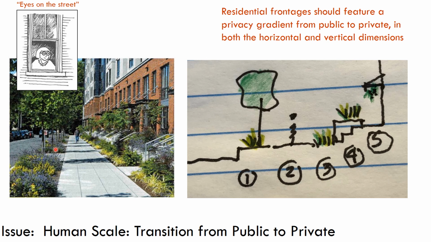And in this image, we have 5 layers here that help make the transition. So we have this zone that's right along the street. And what doesn't show here is often we have parallel parking. That acts as another buffer from the traffic to make this a more welcome environment.